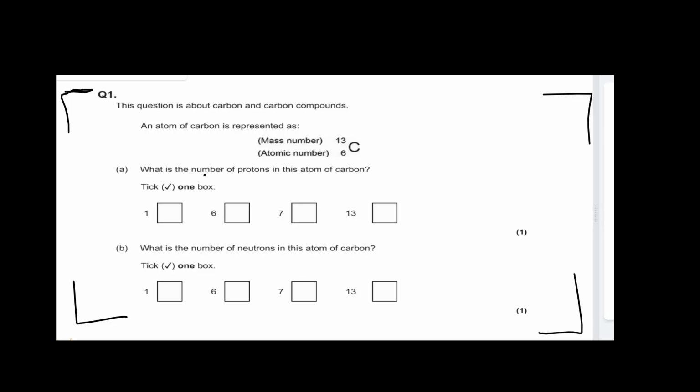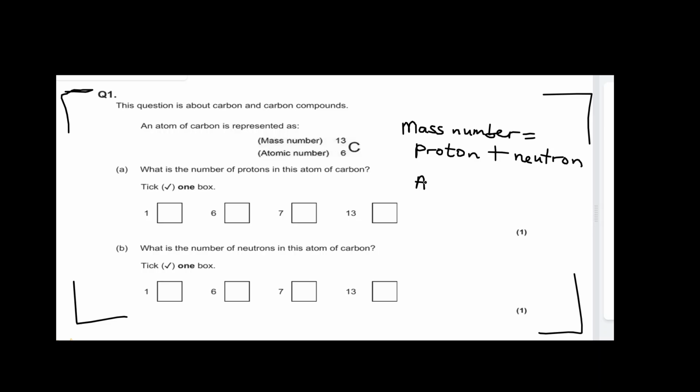So the question says, what is the number of protons in this atom of carbon? Now, if you don't know, your mass number, which I'll represent as M, so let me just write it in full, mass number is equal to the number of protons plus the number of neutrons.